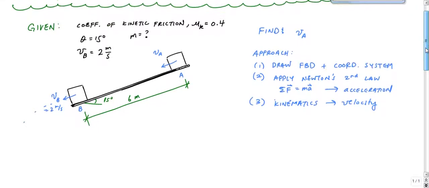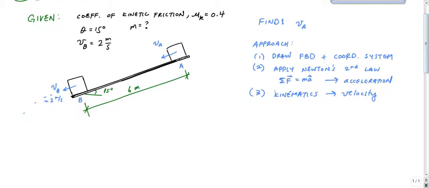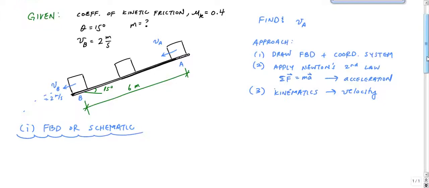The first thing we want to do is draw a free body diagram of the box somewhere along this path. Maybe I'll draw the box over here. If I look at that box at that instant of time, here's one FBD, or schematic. I like to use schematic, a schematic of my particle and the forces that it experiences.